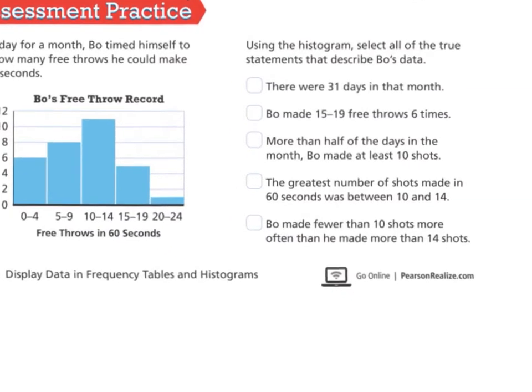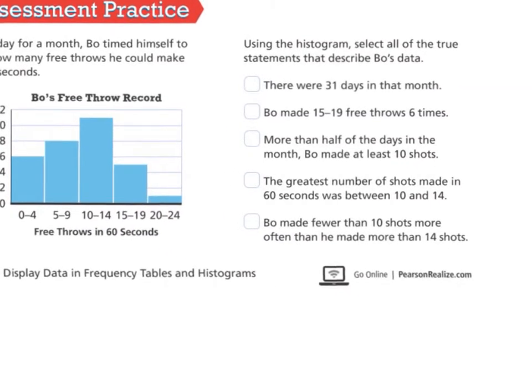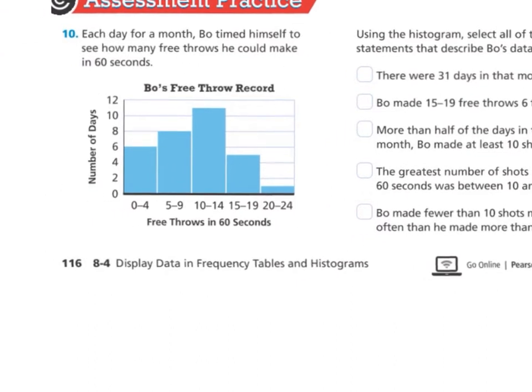So the first question, there were 31 days in the month, and basically if you just go through here, we've got 6, 8, 11, 5, and 1. If you add those together, you do actually get 31. So that one checks off.